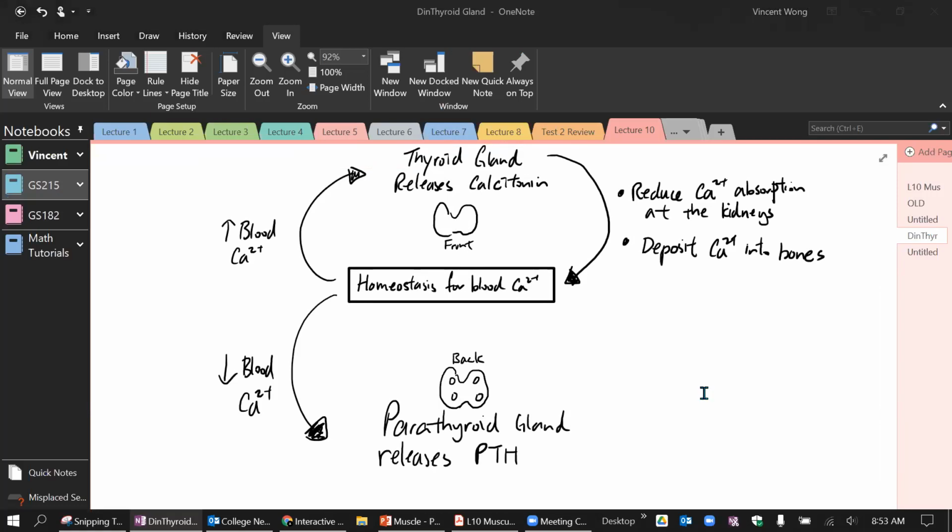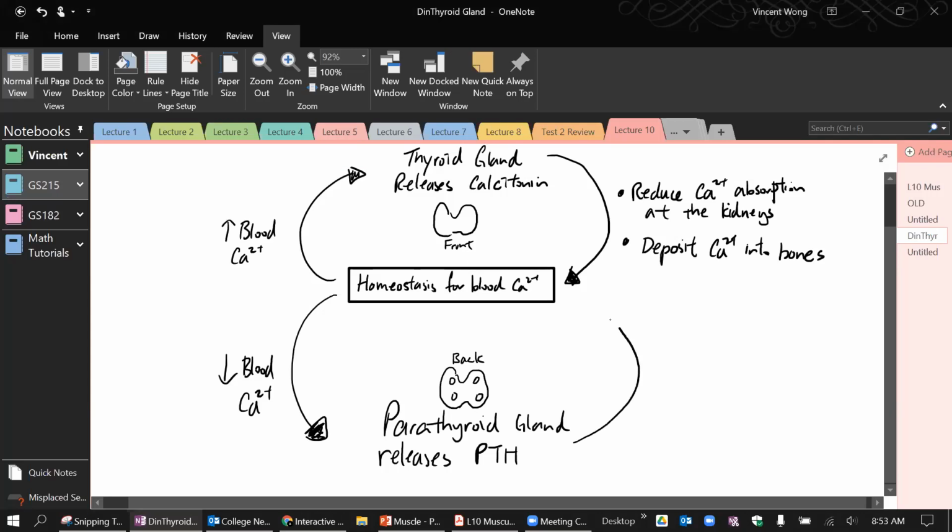The PTH is going to help bring the calcium level back up. So instead of reducing calcium absorption, it's going to increase calcium absorption at the kidneys and intestine.